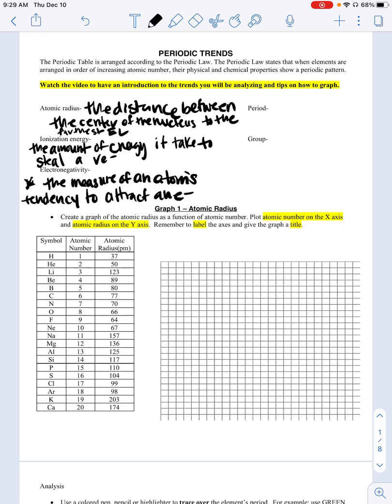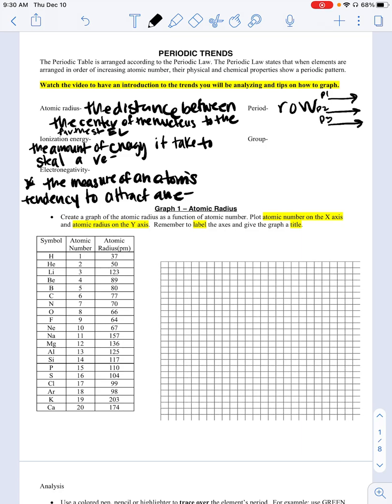Before I send you off to graph, just know there are two words you need to know. We use the words period and group to identify how you're going down the periodic table. A period on the periodic table is the row, which we also know is our energy levels. So going across the periodic table, this would be period 1, period 2, period 3.